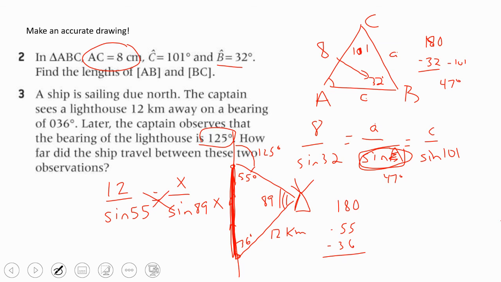So I can cross multiply: 12 times the sine of 89, hit enter, divided by the sine of 55. So 14.6 kilometers in between those 2 points.